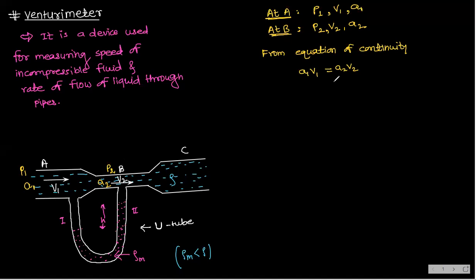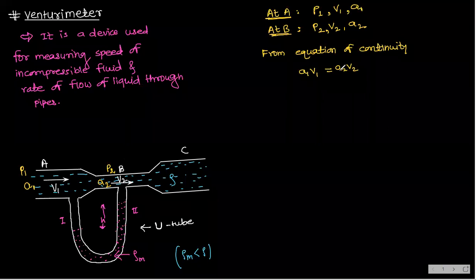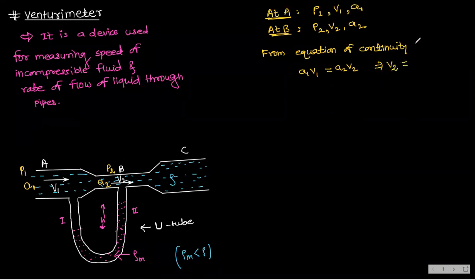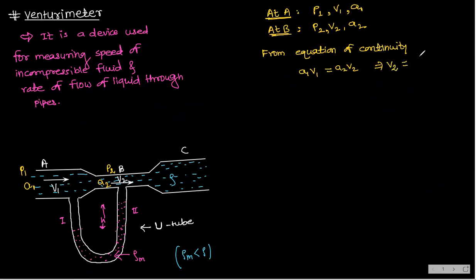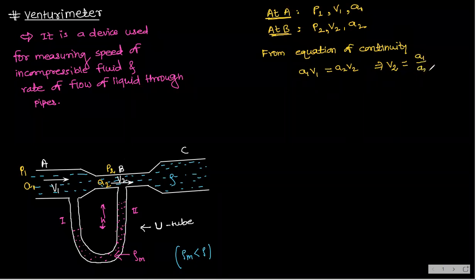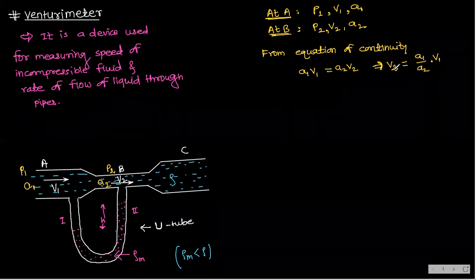And if I want V2, then from this I can find out. So that implies V2 is equal to A1 by A2 into V1. From equation of continuity, A1 V1 is equal to A2 V2, and from that I have found V2 value, that is A1 V1 by A2. Okay, right.